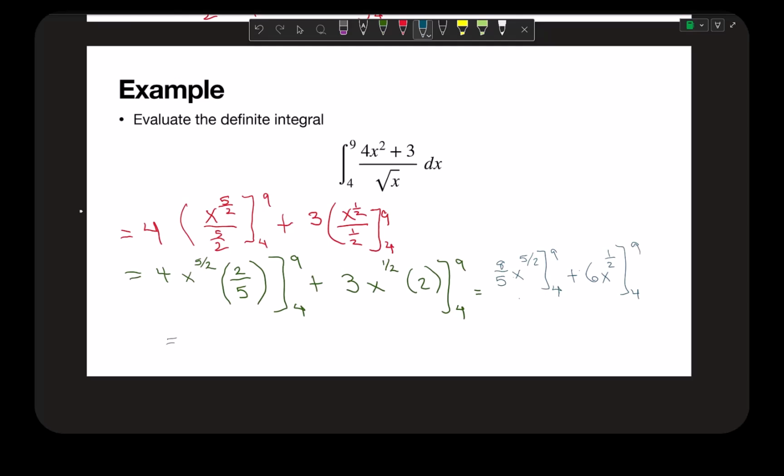This is equal to 8/5 times 9 to the 5/2 minus 4 to the 5/2. First I put in the top value, then I put in the bottom value, and then I have plus 6 times 9 to the 1/2 power minus 4 to the 1/2 power.